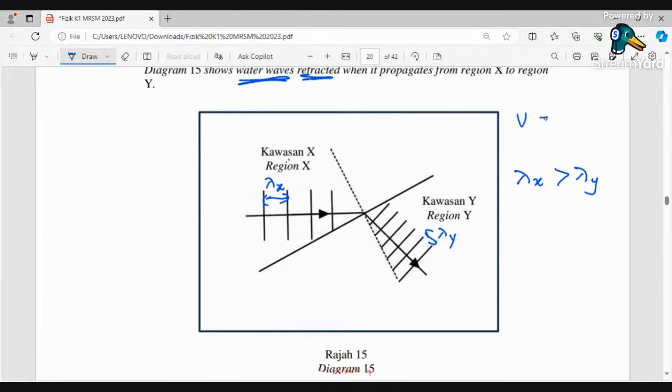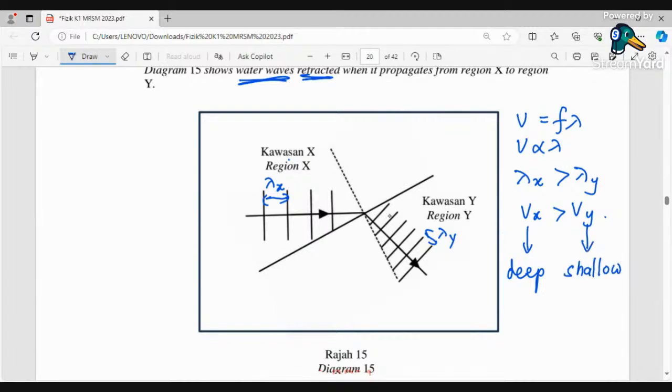So from the formula V equals F lambda, V is directly proportional to lambda. So it means the velocity or the speed of water wave in X is greater than Y. So if X is greater, it means X is the deep region and Y is shallow.